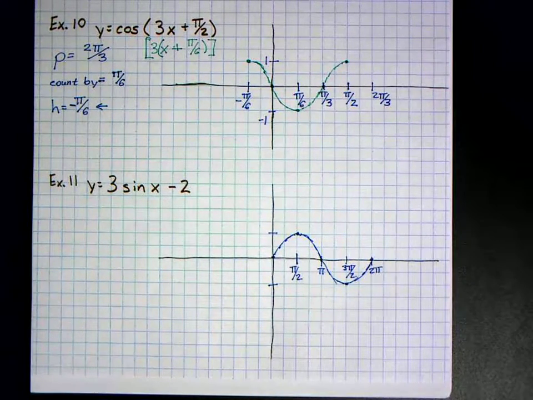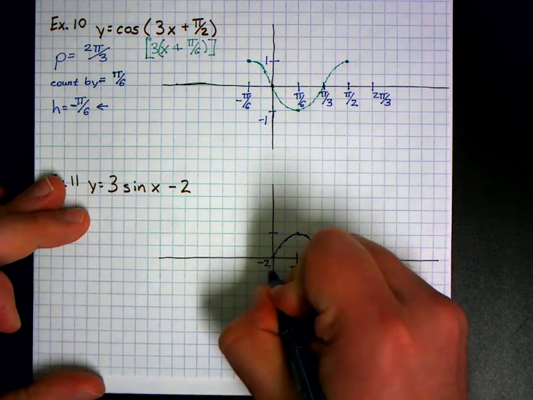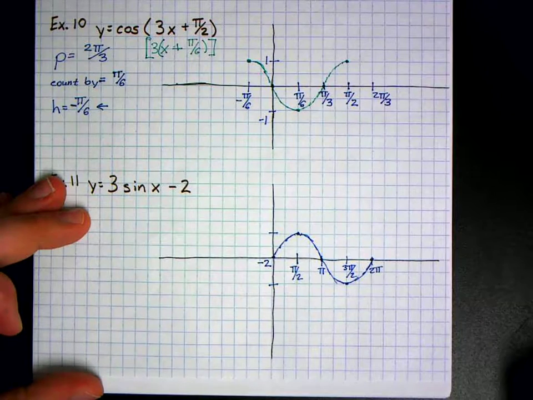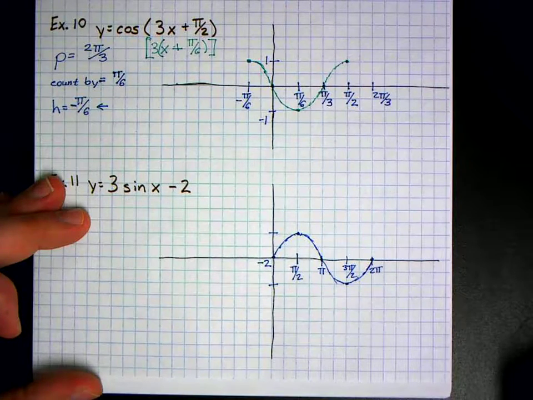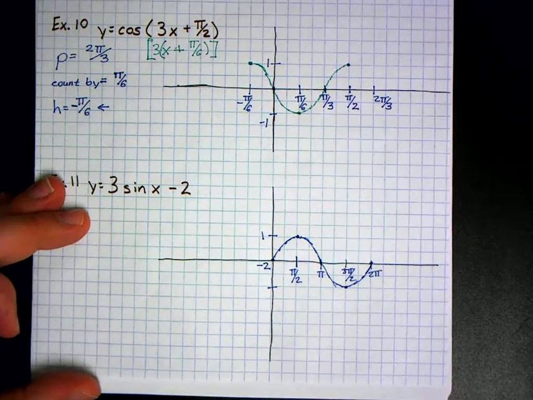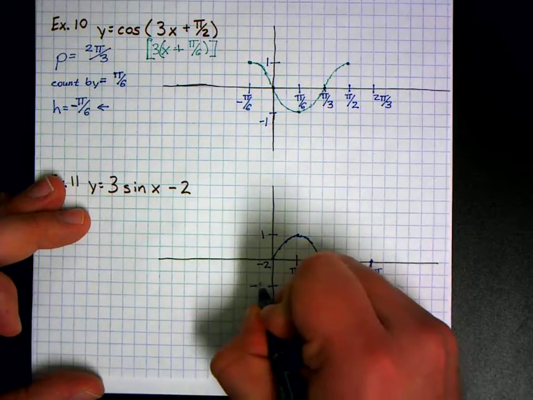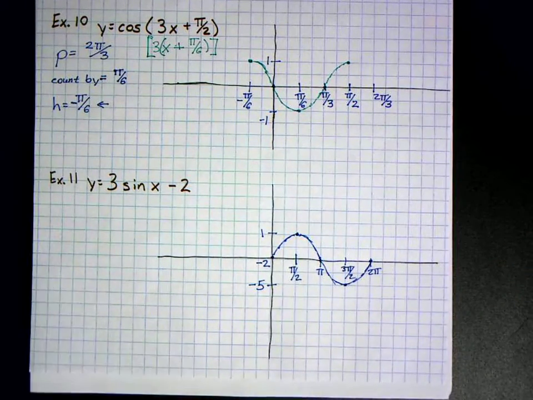Well, let's see. I'm just going to have to make this be -2. And then my amplitude is 3. So what's 3 above -2? 1. So this mark has to be 1. What's 3 below -2? There we go. Now it's right.